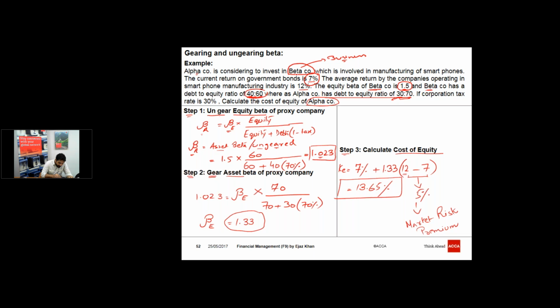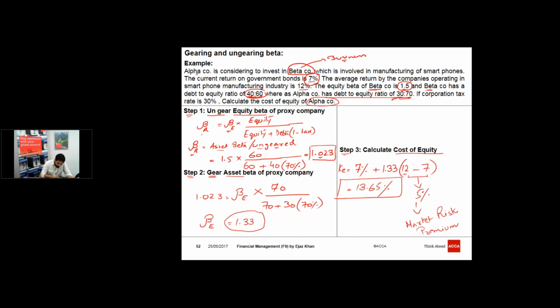Alpha Company is investing in Beta Company, so it will have the same business risk as Beta Company, but different financial risk because of its different gearing. Beta Company has 40% debts, whereas Alpha Company has 30% debts. So it has lower debts than Beta Company, therefore it will have lower financial risk.